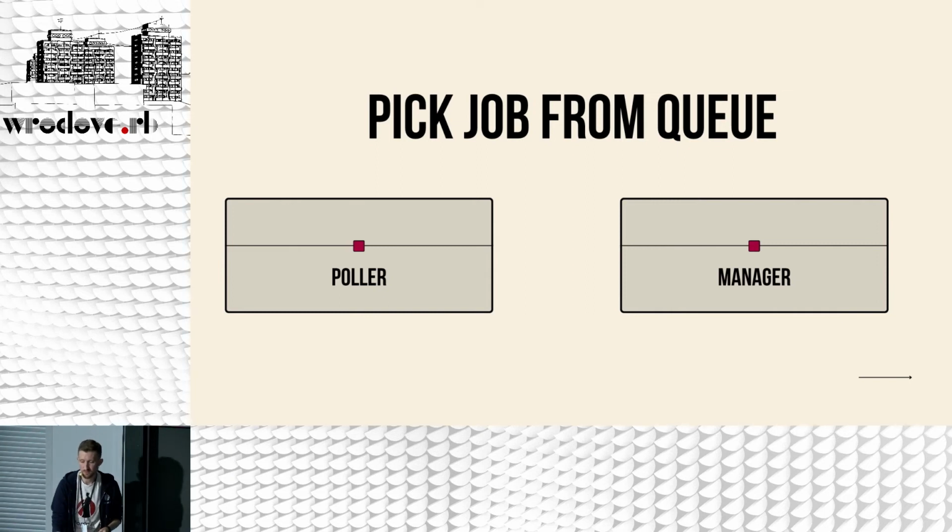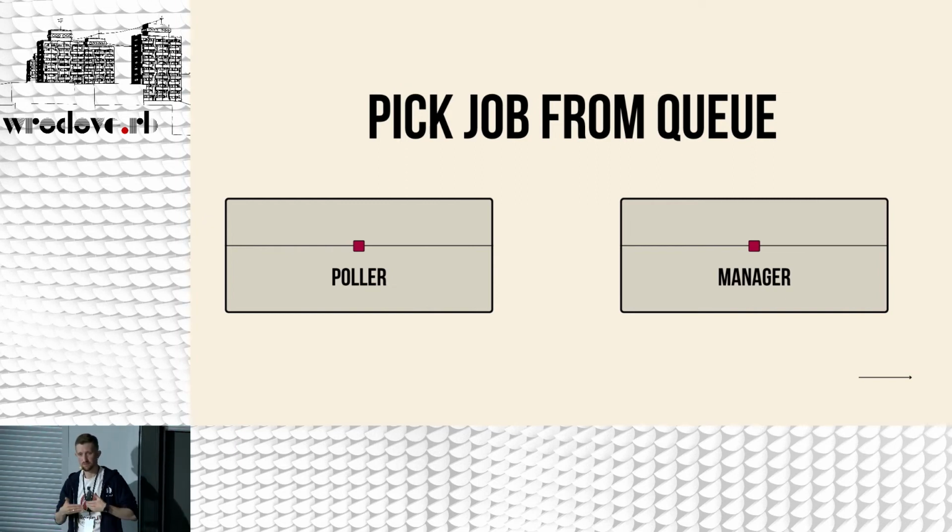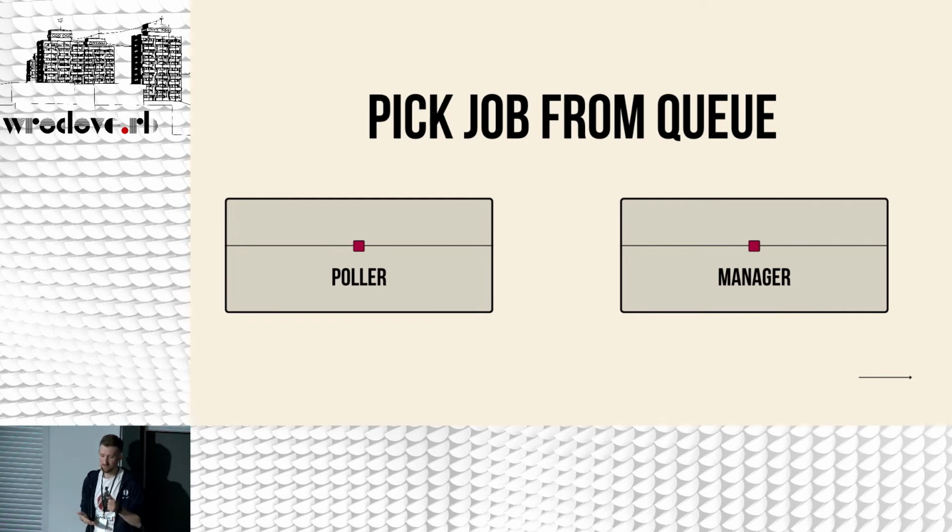And when it comes to picking a job from a queue, we have two mechanisms. The first one is the puller. The second is the manager. The puller is generally responsible for taking the job from Redis when it's time to execute. Then it passes the payload to the manager. The manager is responsible for translating the params into the instance of a job and calling the perform method with the right arguments on it.